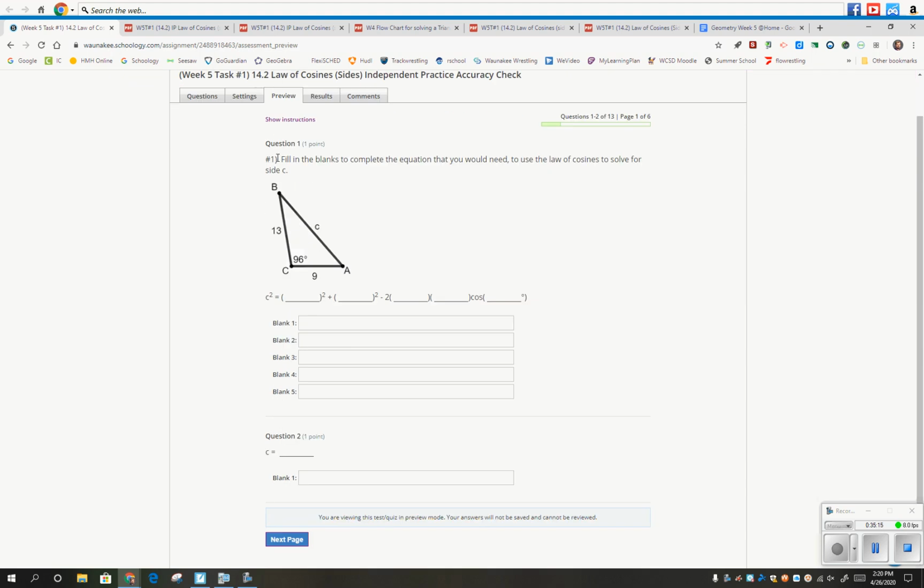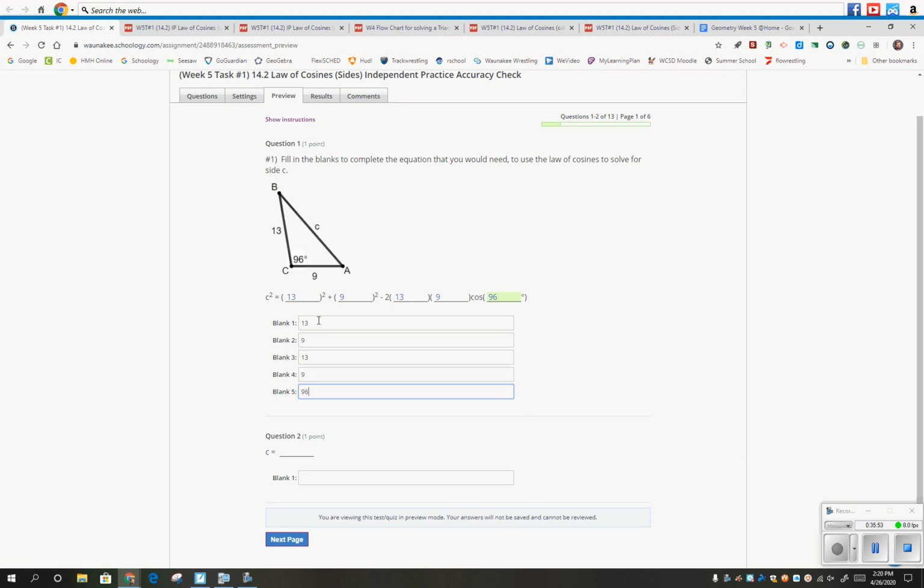If I look at question number 1 in the homework, c squared equals, well, a is 13 squared plus 9 squared, that's side b, minus 2 times a, which is 13, times b, which is 9, times cosine of what's the angle? 96. So when you write your equation, you should be entering in the numbers.